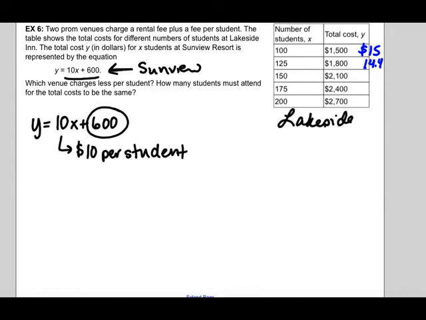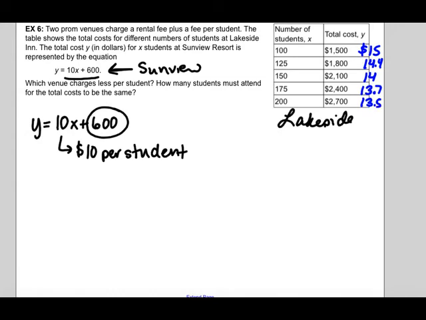If I get 150, 2,100 divided by 150, I get $14. If I do 175, I get 13.7. If I do 2,700 and I divide it by 200, I get 13.5. So theirs is a little bit different.